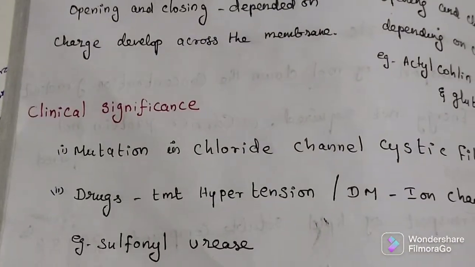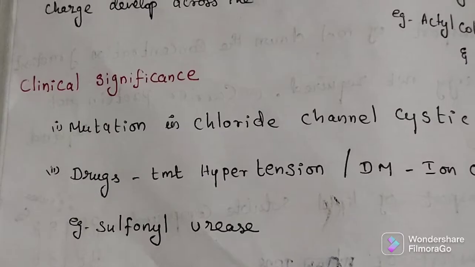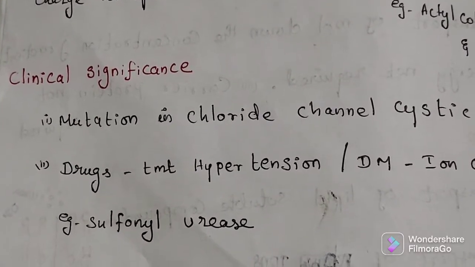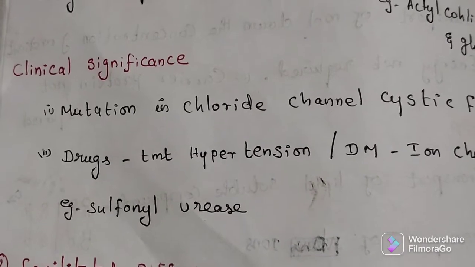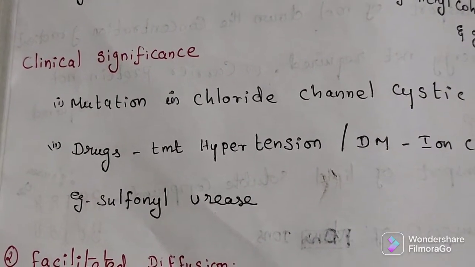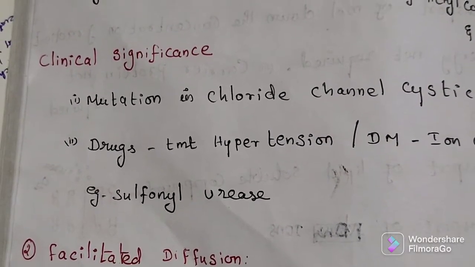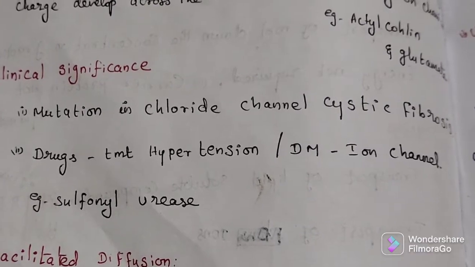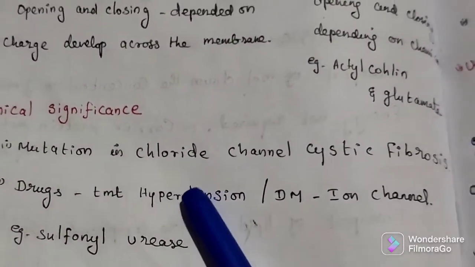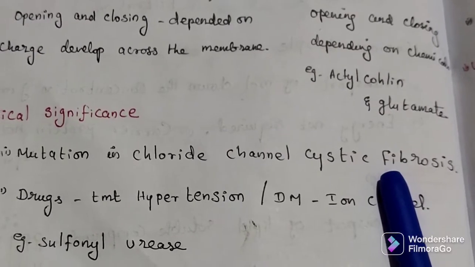Next one is clinical significance. First one is the chloride channel. A mutation or defect in the chloride channel causes cystic fibrosis.